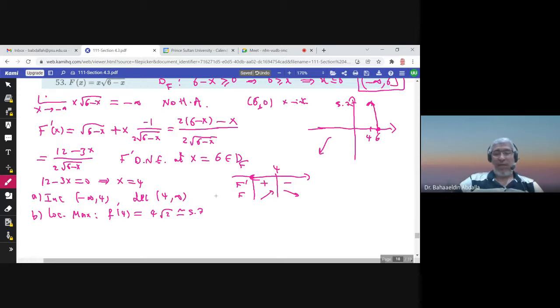And then notice that up to 6, not from 4 to infinity. Yeah, this is not correct. We only work from negative infinity to 6, because 6 is the last number. We don't go to infinity here.